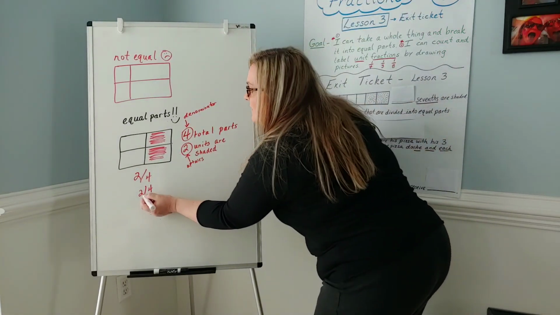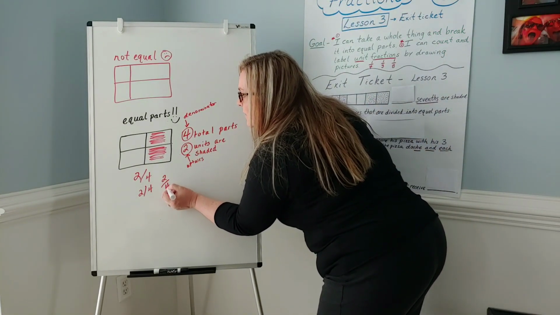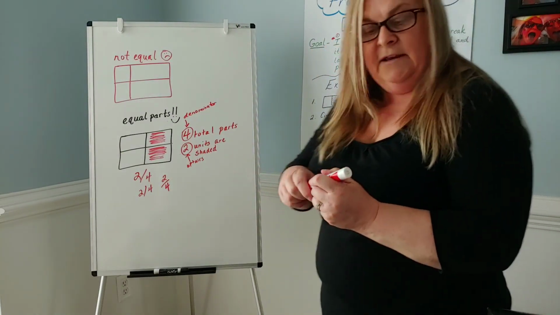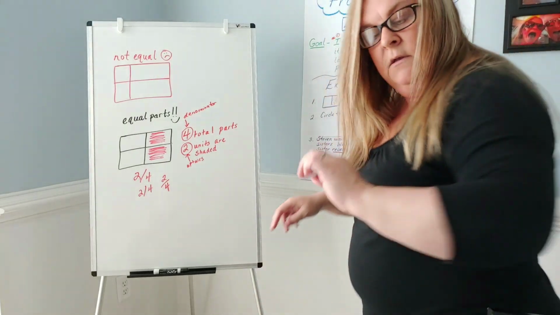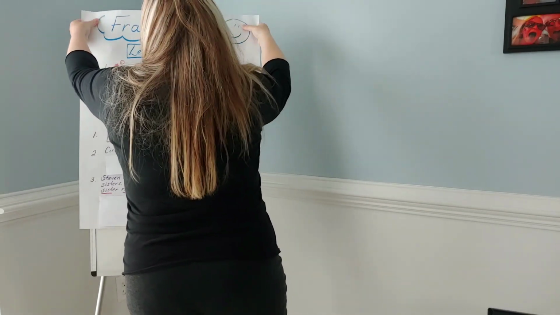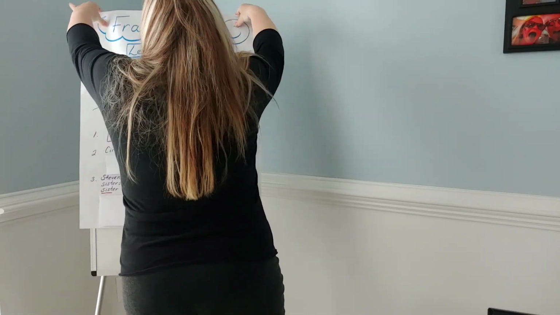Or sometimes, you know what, that's a diagonal. Let me do it like this, 2 out of 4. Okay, that's better. So I'm going to move this over. Hopefully that'll stick and stay.